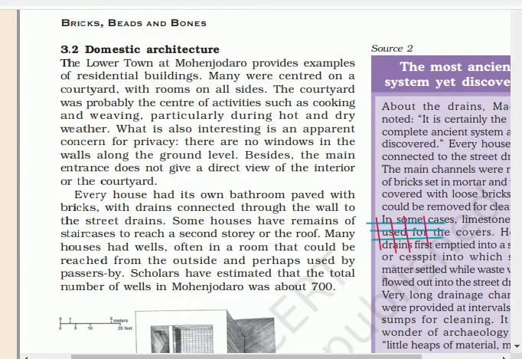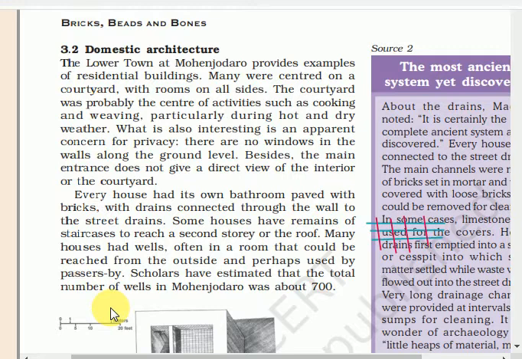Now, what type of domestic architecture was in the Indus Valley civilization? We have discussed that there were two types of settlements, upper and lower.